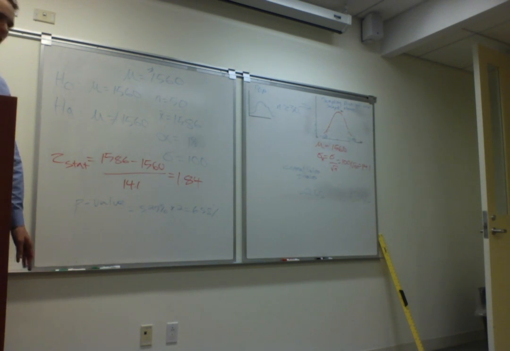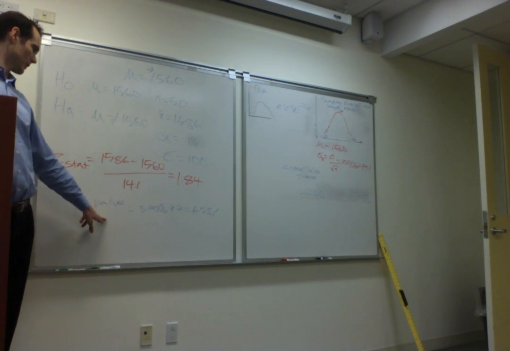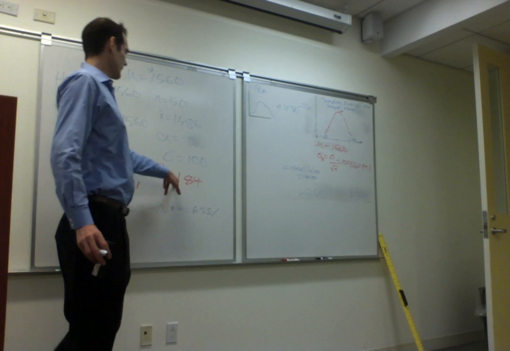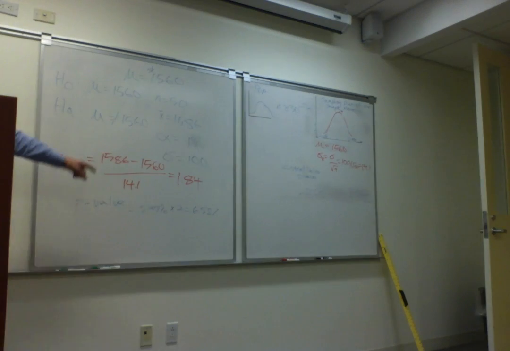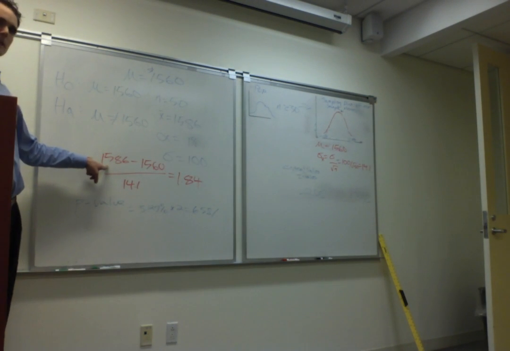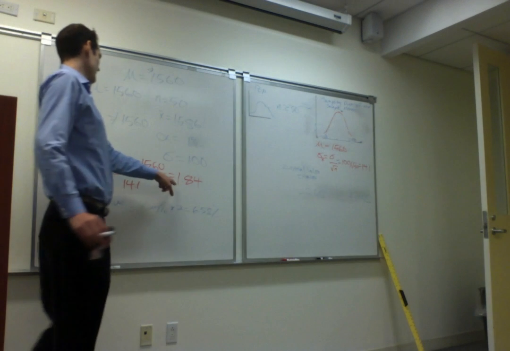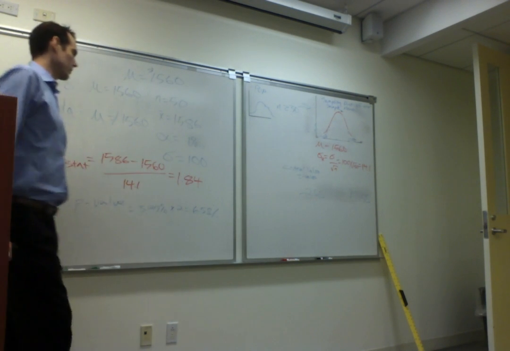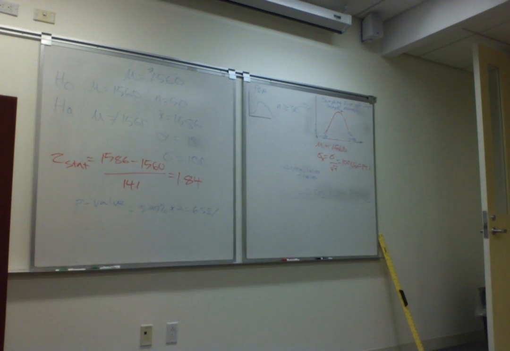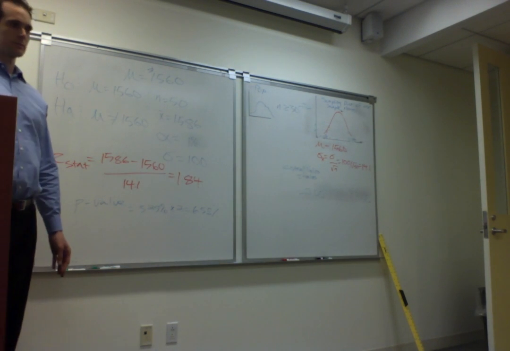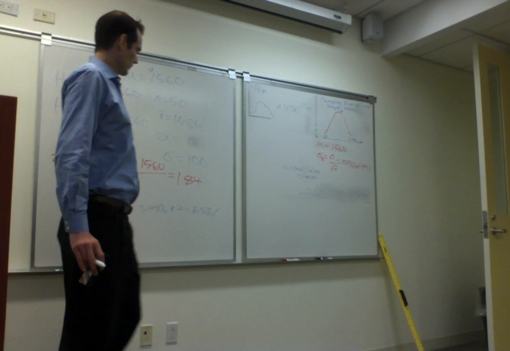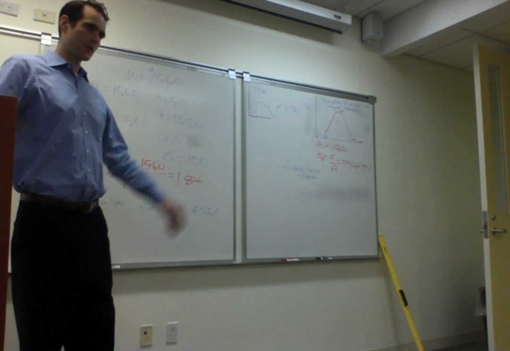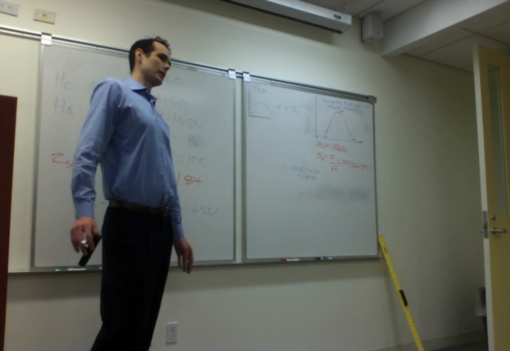Now, notice in these last two iterations, the p-value did not change. We still had the same test statistic of 1,586, which came out to a z-stat of 1.84, which came out to a p-value of 6.6%. And depending on what we chose for our significance level, that determined whether we accepted or rejected.